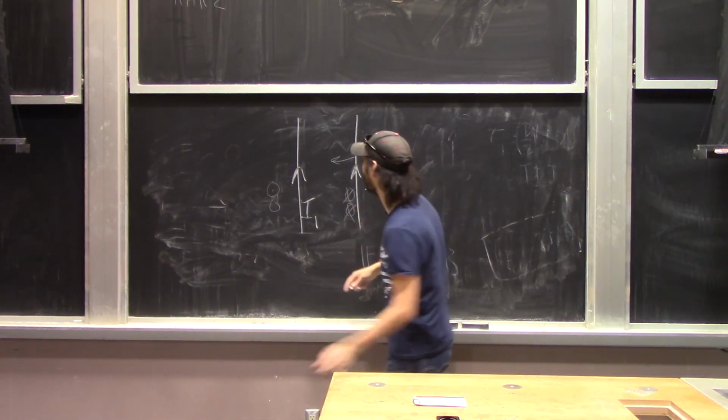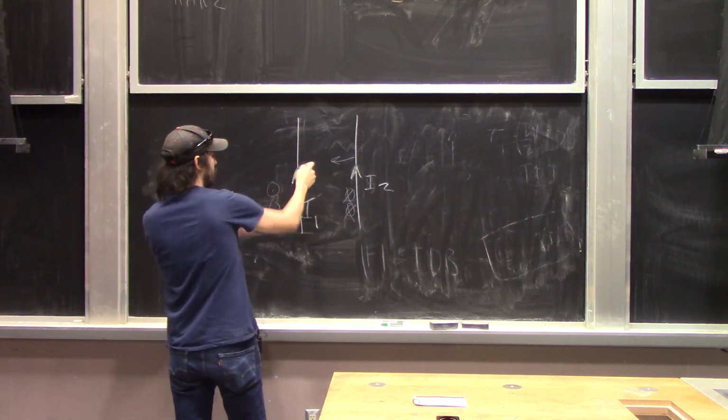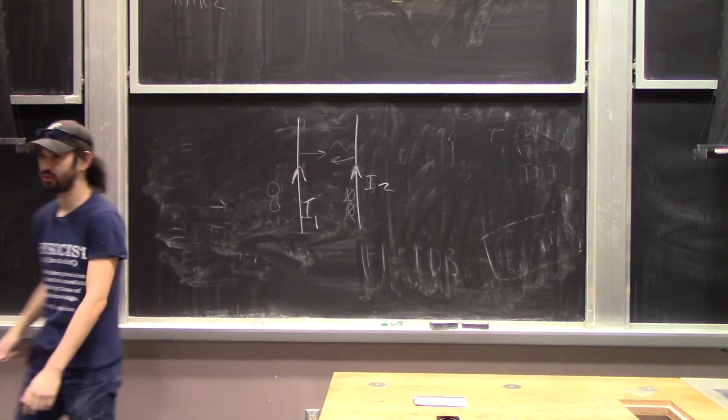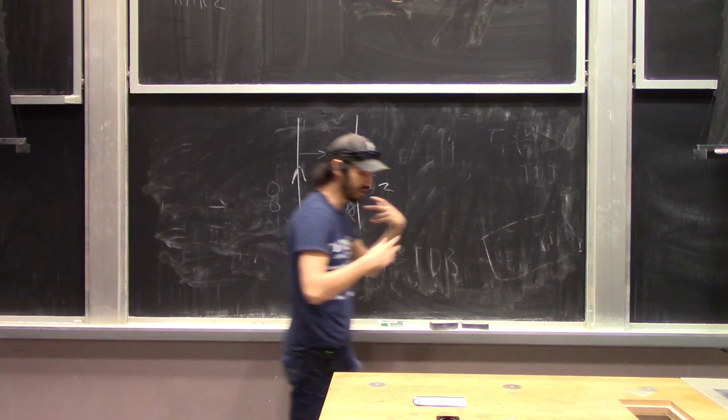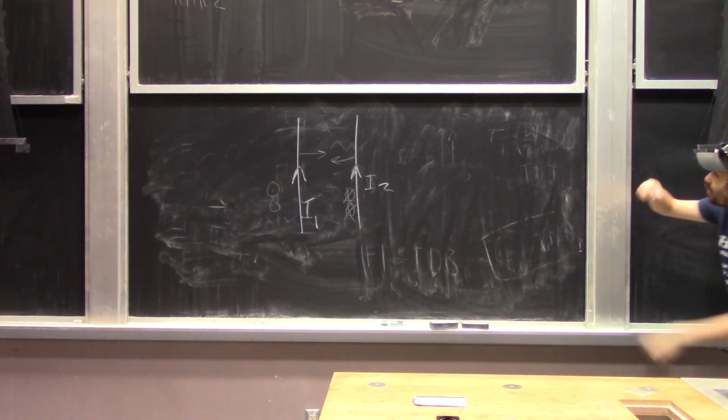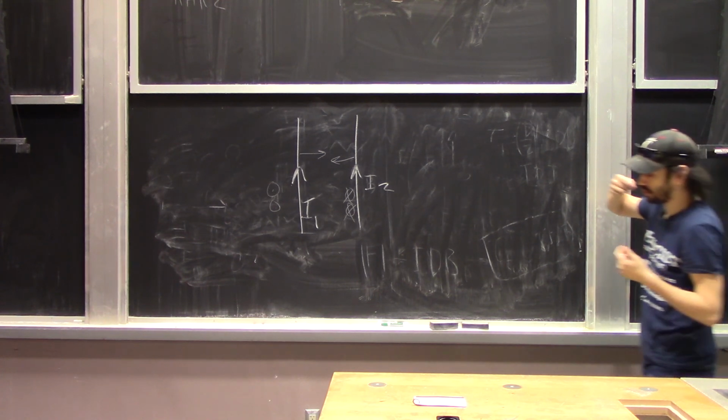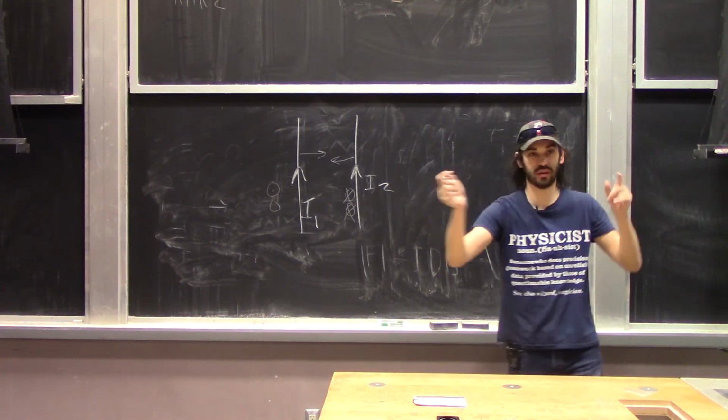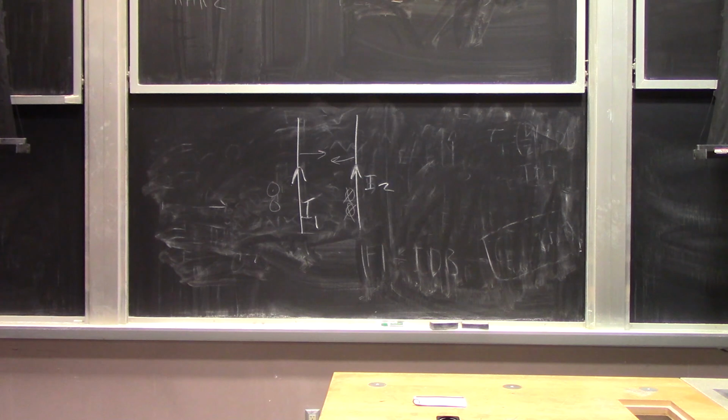This is going to be going this way. So the force that I2 acts on I1 needs to be equal and opposite. So Newton's third law: for a reaction there's an equal and opposite reaction. If we have a force that one object acts on another object, the force that the second object acts on the first object is going to be equal and opposite. Okay. So let's look at the next one.